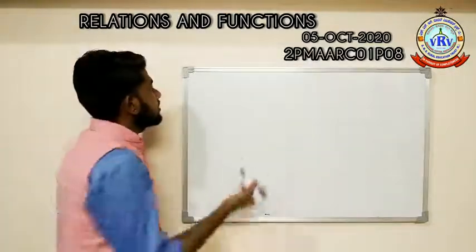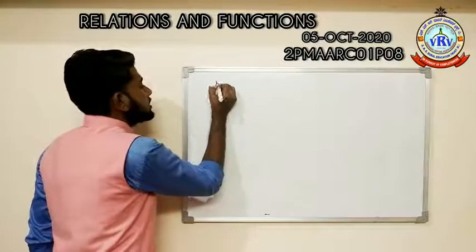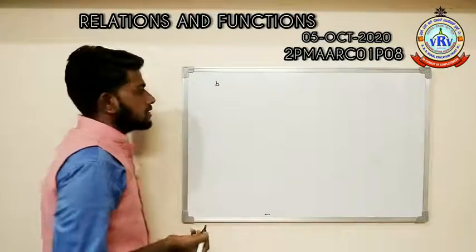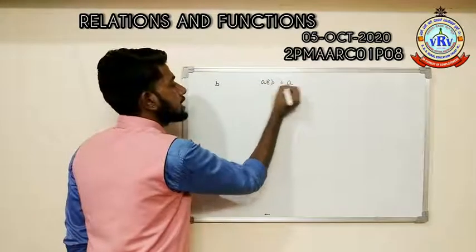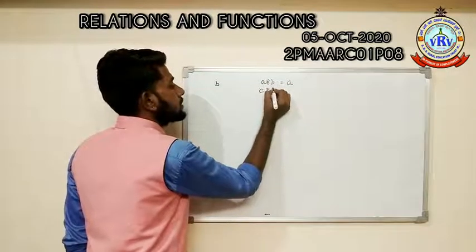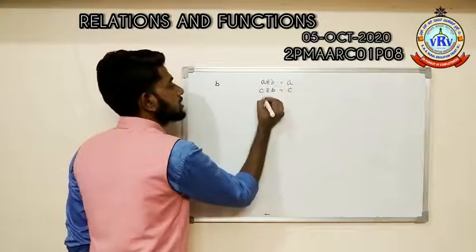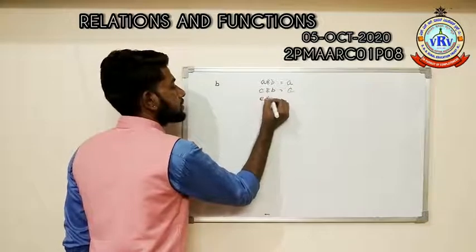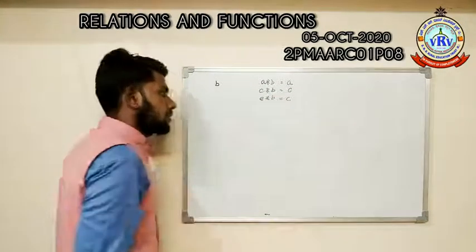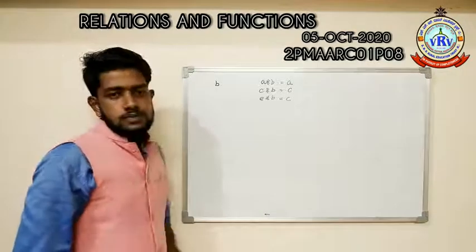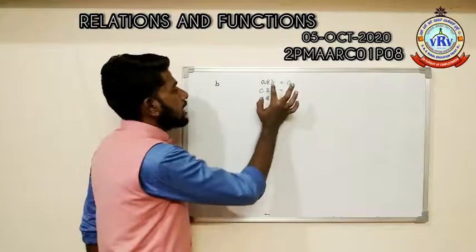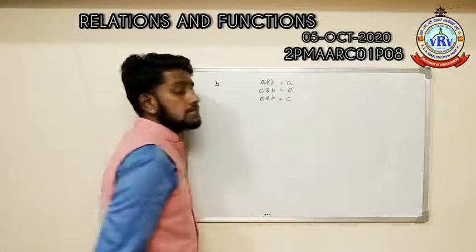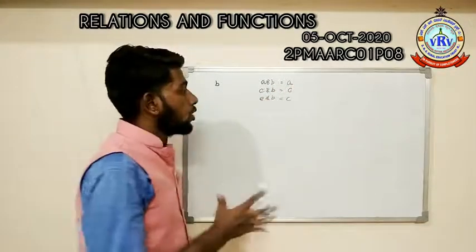That means, if you are considering one element B in the set, if you operate A star B, it will return A. If you operate C star B, it will return C. If you operate E star B, it will return E. In some sets.